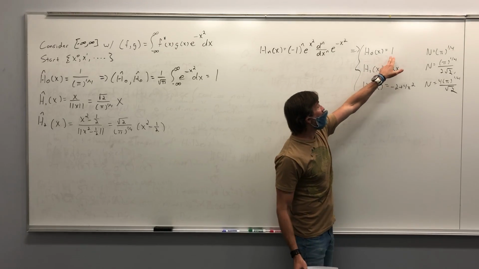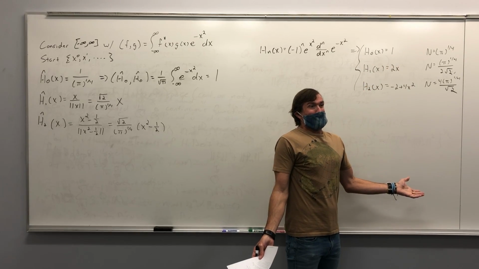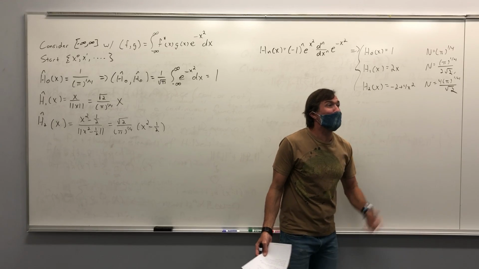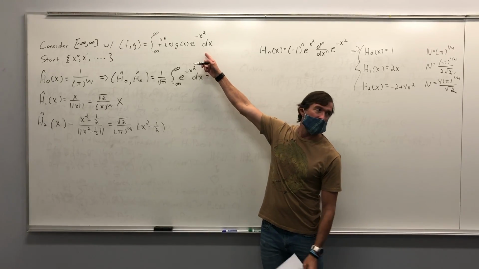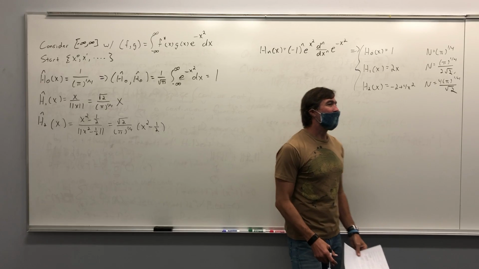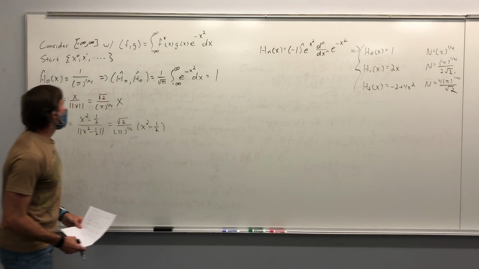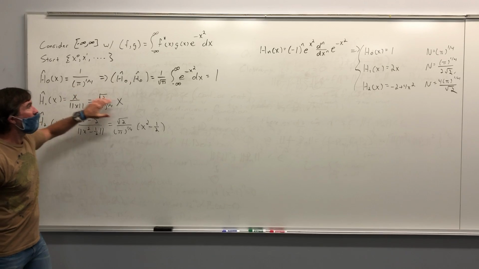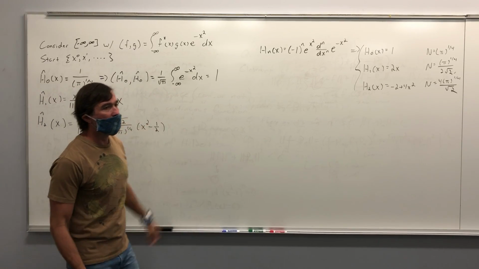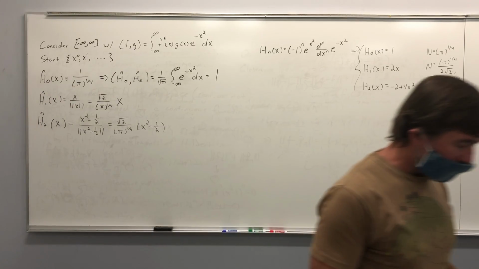You might look at 1 and say, one is normalized. I mean, what's the length of 1? It's 1. Not with this inner product. To normalize it, you've got to pop in this 1 over pi to the 1/4. Here's the argument why.